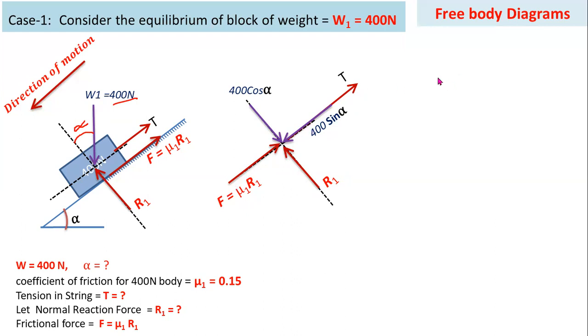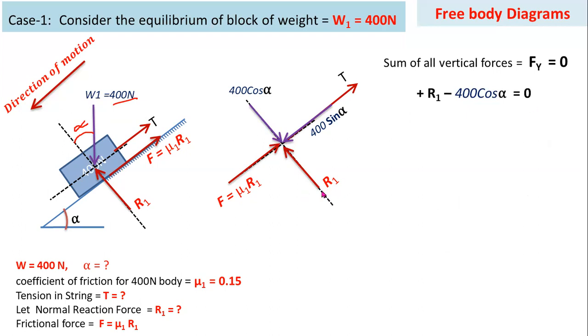In the first step, I consider all forces along the normal plane. Here R1 and 400 cos alpha are the two forces that lie on the normal plane. For upward action, you have to consider positive sign. For downward action, you have to consider negative sign. So plus R1 minus 400 cos alpha equal to 0.